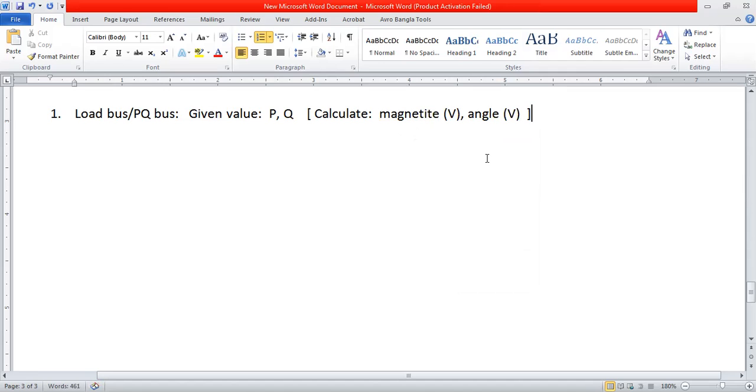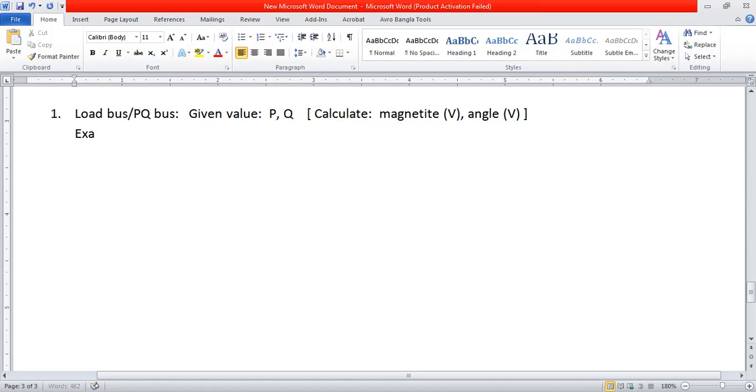Now for a load bus, this is a non-generator bus: a bus to which a generator is not connected, just load is connected. Another name for this bus is PQ bus. PQ means the given values are the real power and the reactive power of this particular bus, and we have to calculate the voltage magnitude and the angle of this bus.